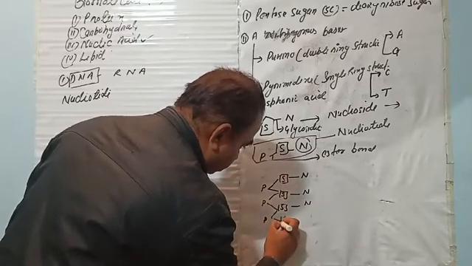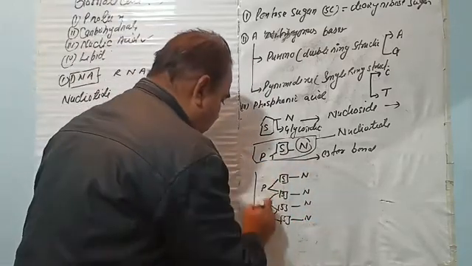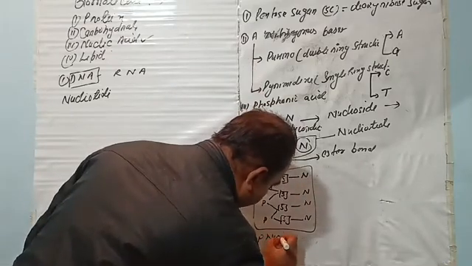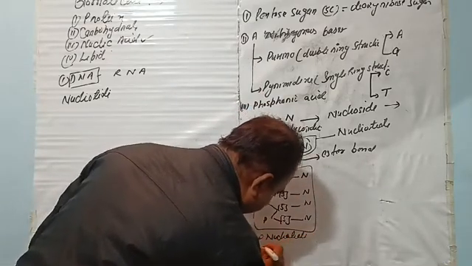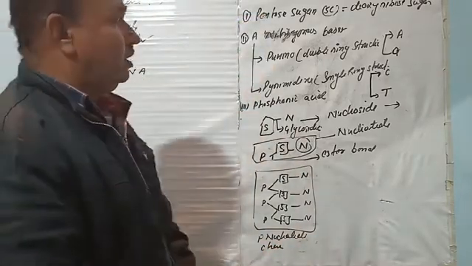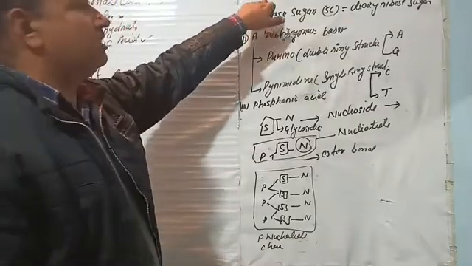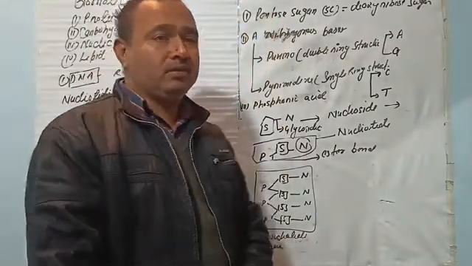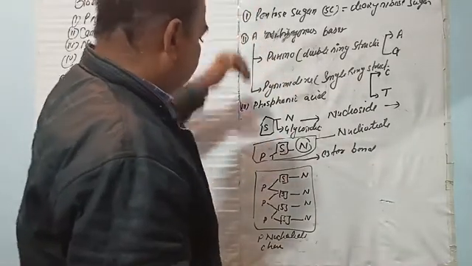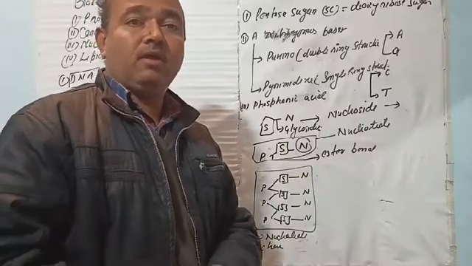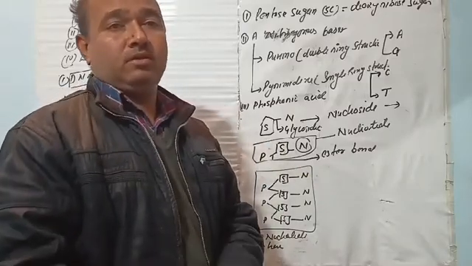P, this is the sugar, this is the nitrogen, and this is called the polynucleotide chain. In reference to DNA, it is not a single strand DNA, it is a double strand DNA. So we can say in DNA, two nucleotide chains join together in an anti-parallel manner.